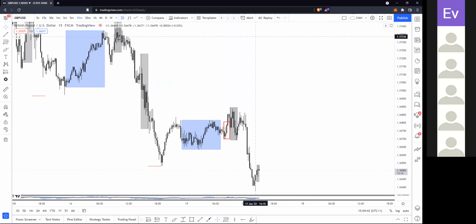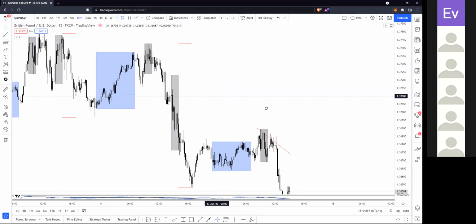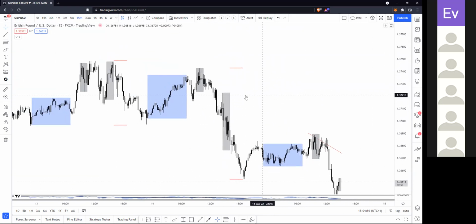Okay, so a valid trend line would probably be here. Something like this would be better. We can see that Frankfurt didn't do anything. Frankfurt is basically a trap. If you were to look for reversal here, you wouldn't take it during Frankfurt session.